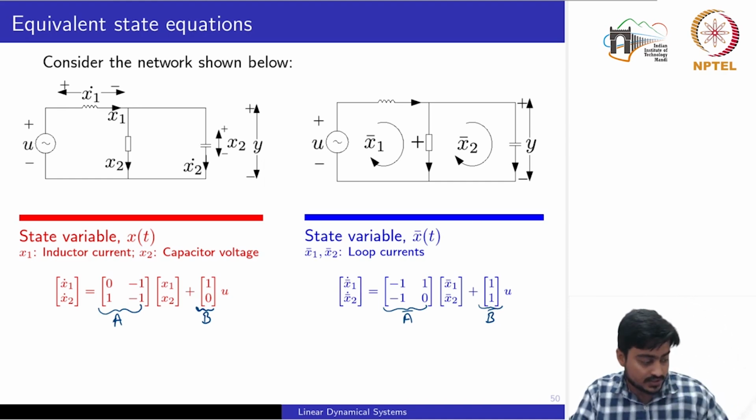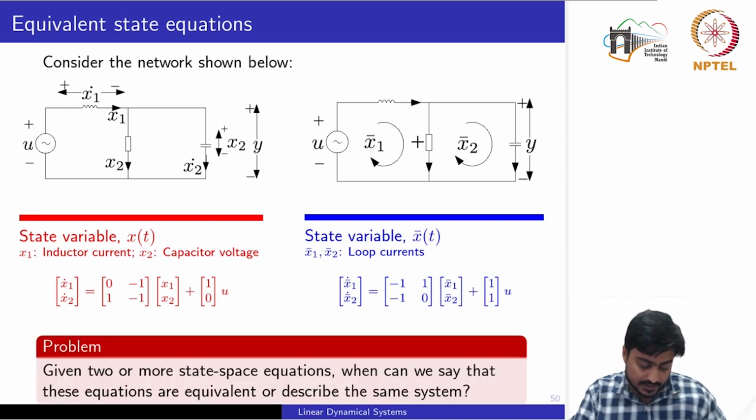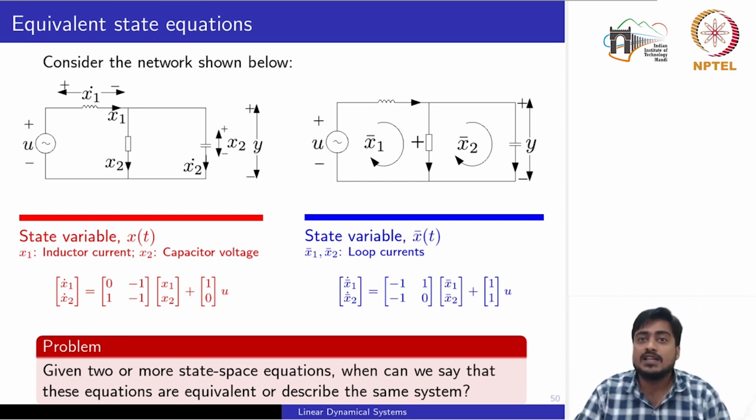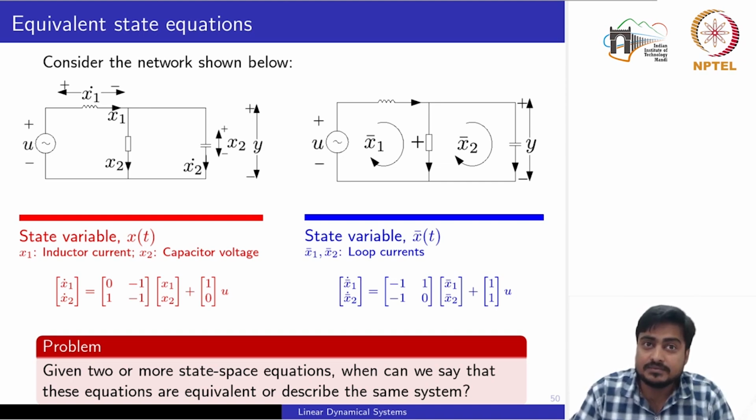So here the question arises: given two or more state space equations, when can we say that these equations are equivalent or describe the same system? Now naturally, given a circuit, we have defined two different state space representations, so we know at the outset that these two representations describe the same system.